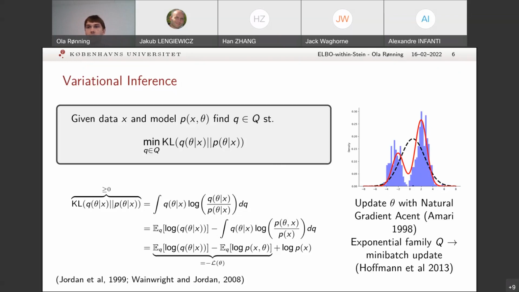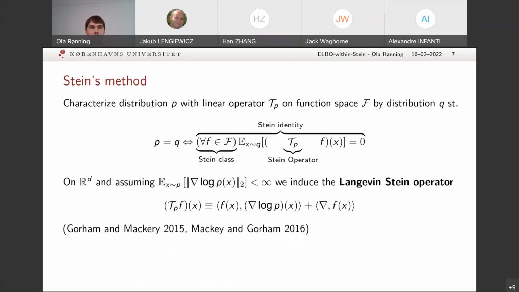So one way to remedy this is Stein Variational Gradient Descent, which is a particle method, and it's based on Stein's method. I'm just going to shortly introduce Stein's method and give some of the key terms, and then we'll talk about Stein Variational Gradient Descent.